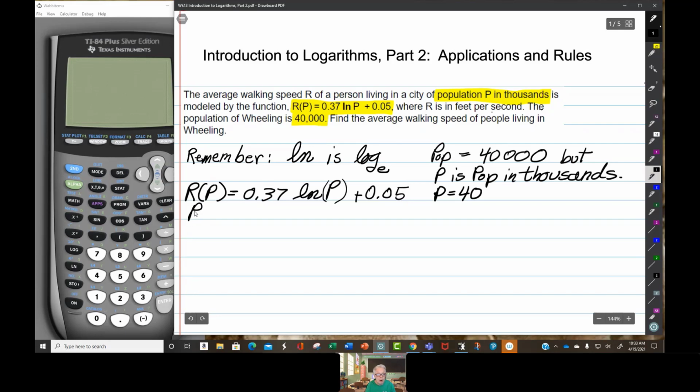So I'm looking for R, the walking speed, when we have 40,000 people in our city. So 0.37 times the ln of 40 plus 0.05. All I have to do is go to the calculator and type that in.